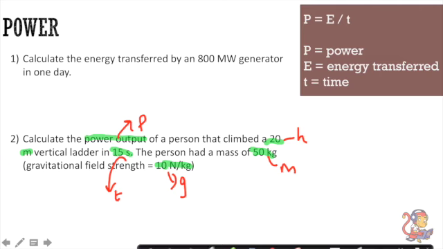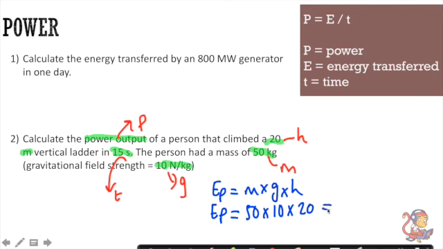So we'll do that first of all. So we've got gravitational potential energy equals mass times gravity times height. So gravitational potential energy equals 50 times 10 times 20, which equals 10,000 joules.